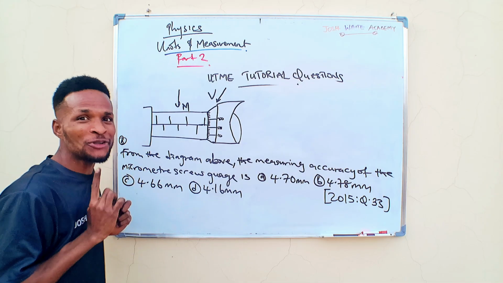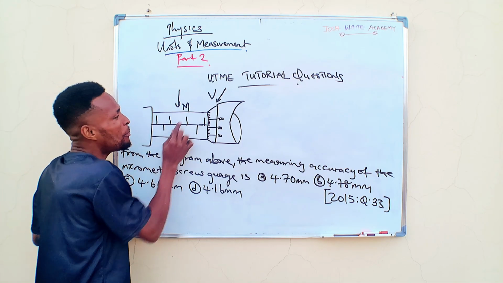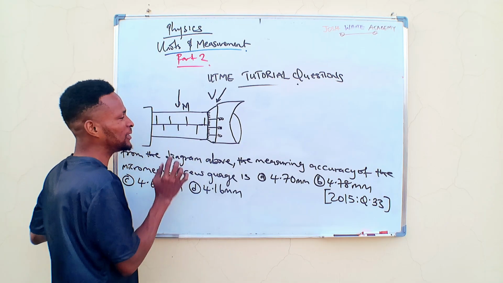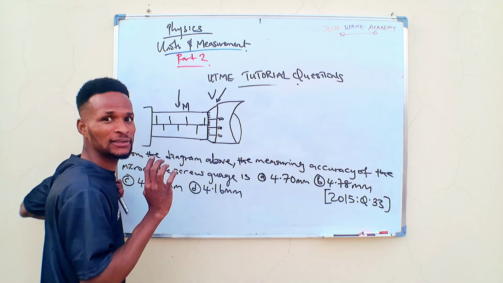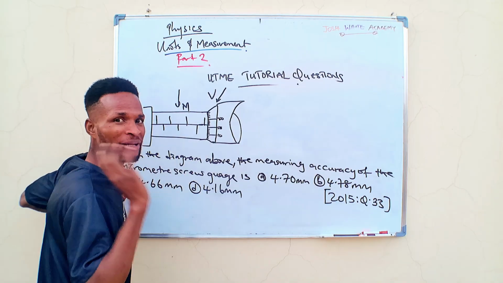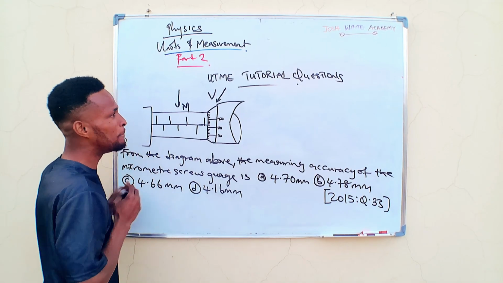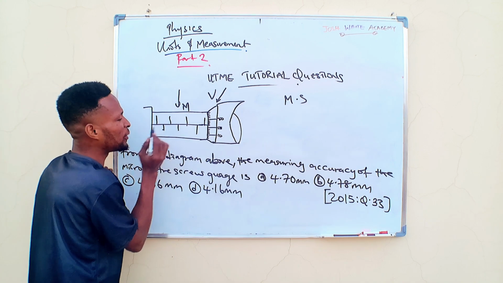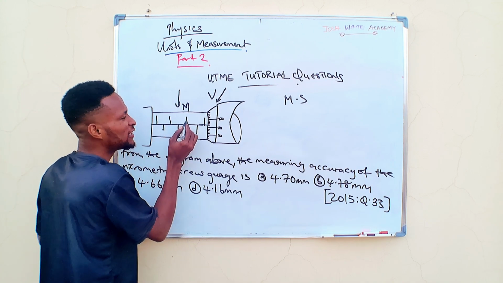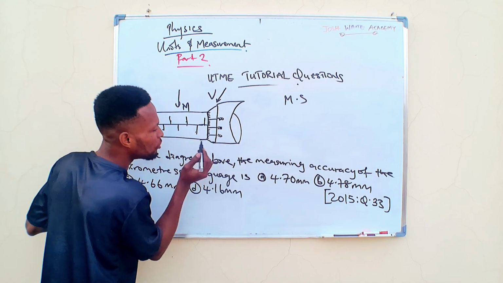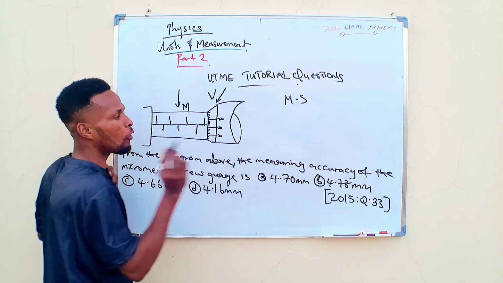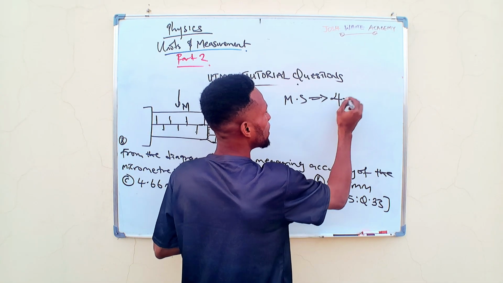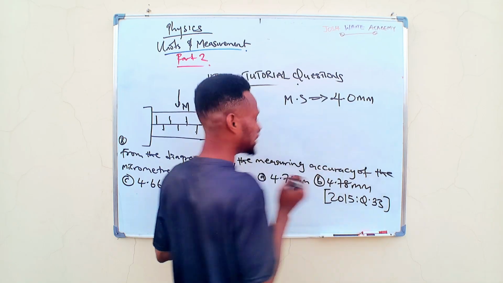And I also said the upper calibrations are measured in 1 millimeter, whereas the lower ones are measured in 0.5 millimeter. So let's count our main scale reading now. 1, 1.5, 2, 2.5, 3, 3.5, 4. So our main scale reading is 4.0 millimeter.